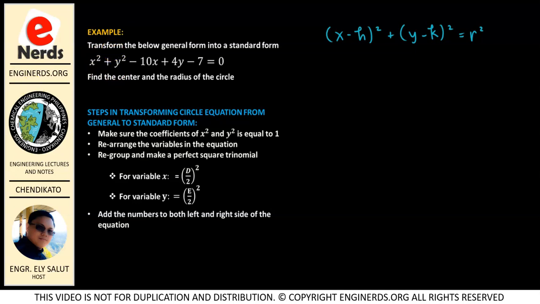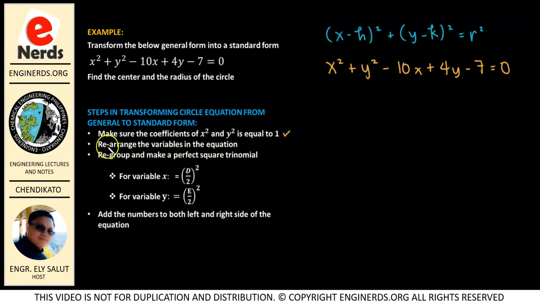So, we can use that. So, let me write this whole general form dito kasi dito natin siya sosolve, no? So, we have x squared plus y squared minus 10x plus 4y minus 7 is equal to 0, no? So, ang coefficient ng ating x squared and y squared is equal to 1, so we pass this.